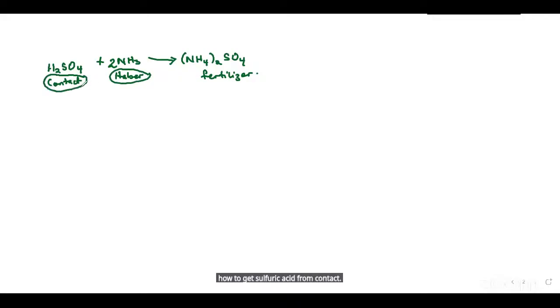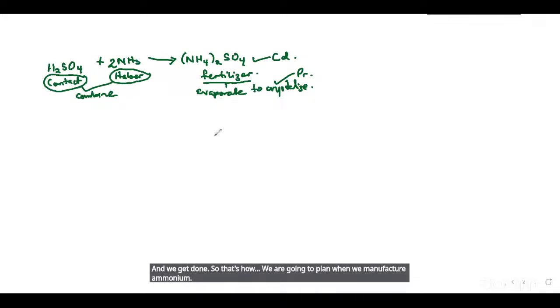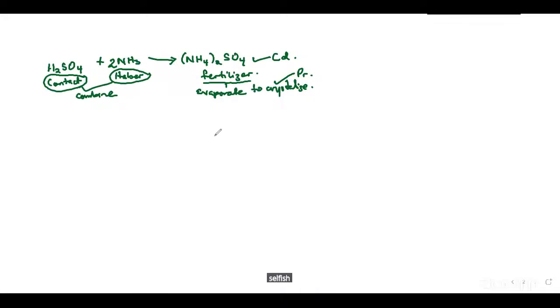Then I combine the two, get ammonium sulphate, which is a fertilizer, evaporate it to crystallize, so that this one becomes a desired product and this one becomes the purification, and we get done. So that's how we are going to plan on manufacture of ammonium sulfate as a fertilizer.